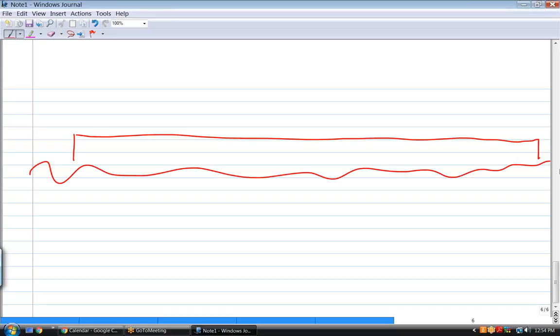So I'm never going to want to make an area of 640,000 or 320,000, whatever it was, with this kind of a rectangle. I'm always better off making it that way.